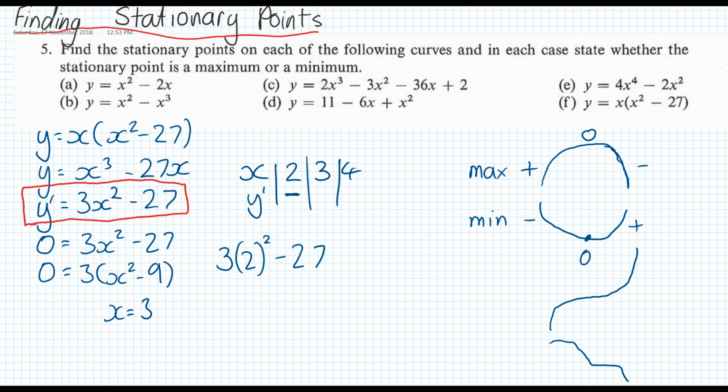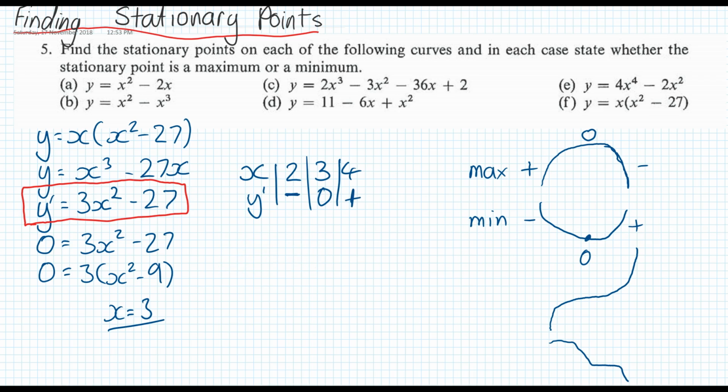Okay, then at 3 it's 0. That's what we determined down here. And then at 4, it's 3 times 4 squared minus 27. So 4 squared is 16, times 3 is more than 27. So it's going to be a positive number.